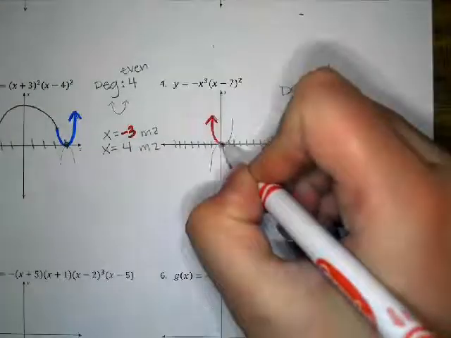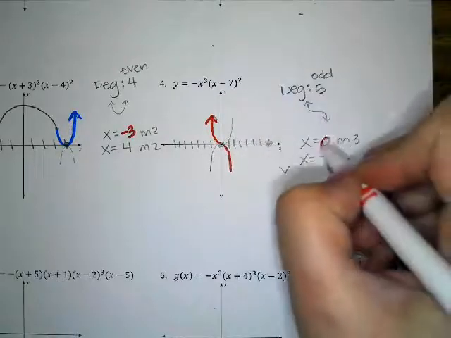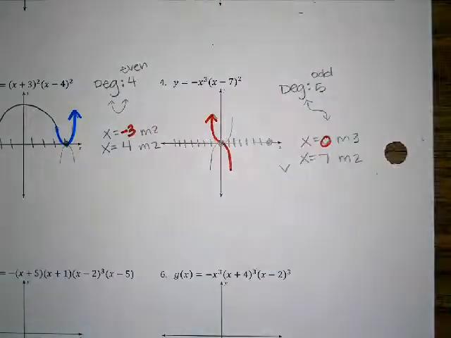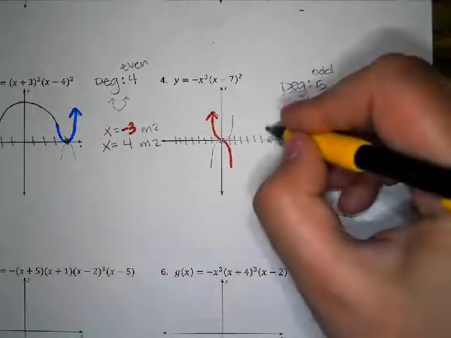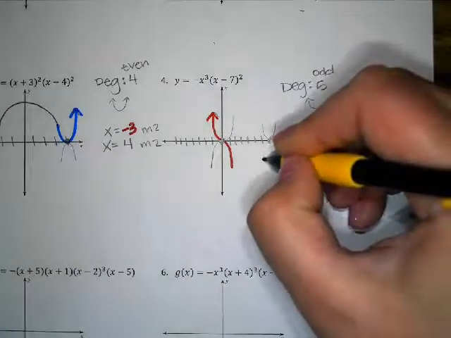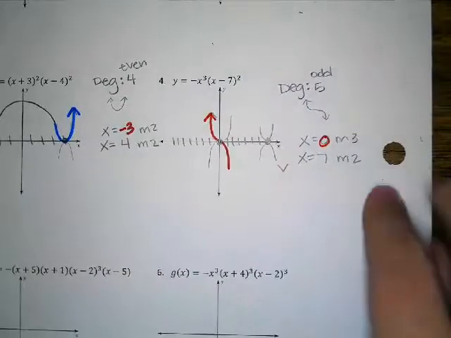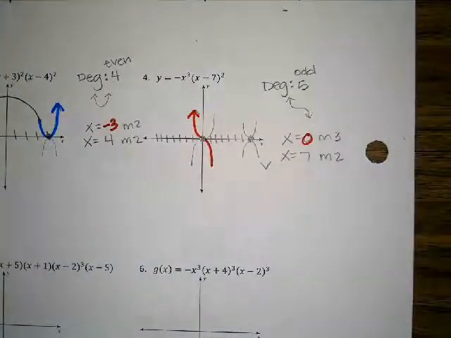And then for 7, we have a multiplicity of 2. And so which one should we do for our multiplicity of 2? We should go down. Okay.